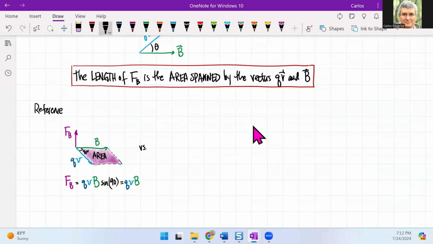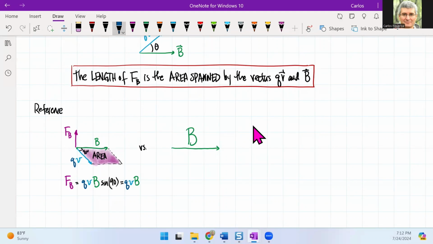I could have a larger magnetic field. So if I have a longer magnetic field, so if that's 2 squares, you could see that I could draw this into being, let's say, 3 squares. This guy is clearly longer.